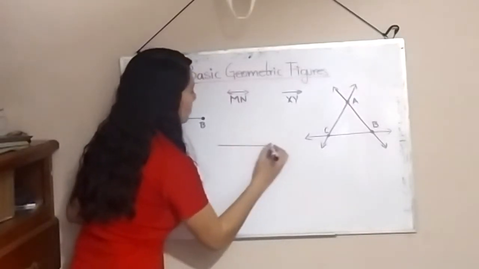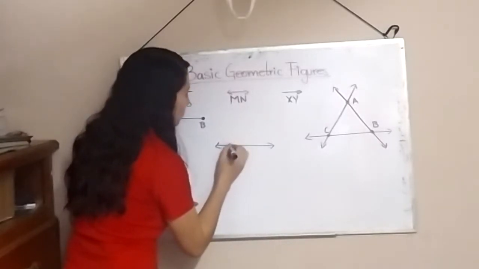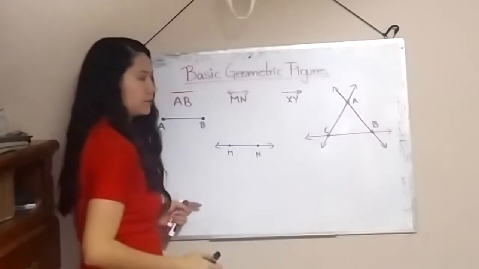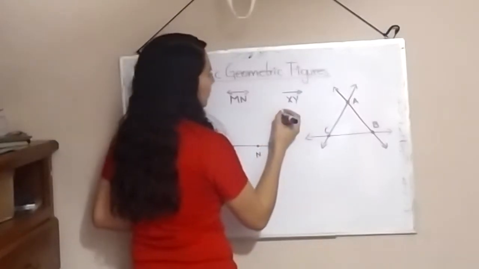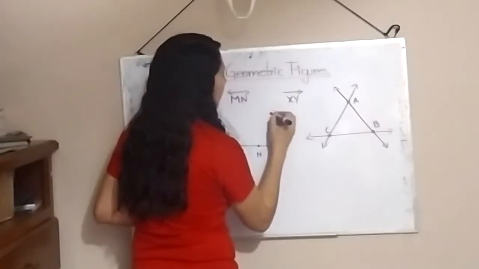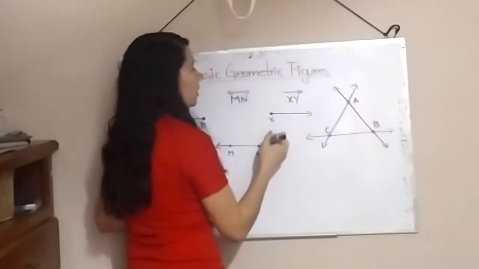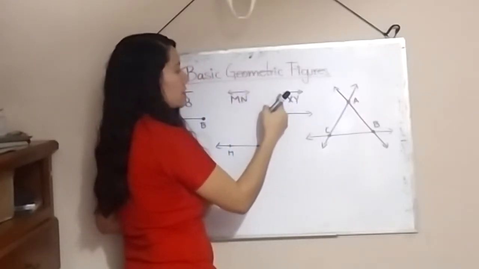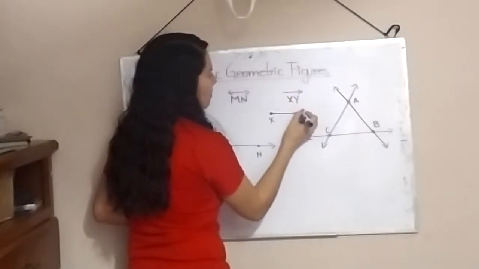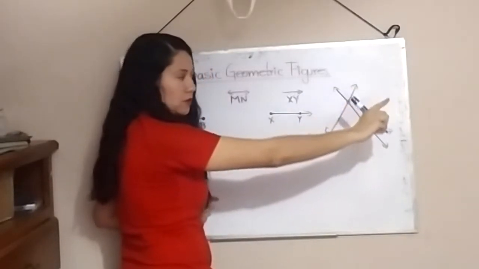A line has no beginning and no end, but it goes through point M and point N. And number 3, we have a ray. A ray has a beginning but has no end. The beginning is point X because it's on the side where it has no arrow, and it passes through point Y, but it continues on forever.